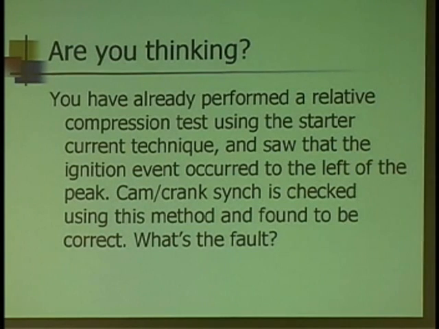Everybody hear that? Now, if I go with the cam, I'm going to see a variance in that peak, because that'll change the compression, right? Because the timing is now off. But I can have good compression if the crank spun, right?